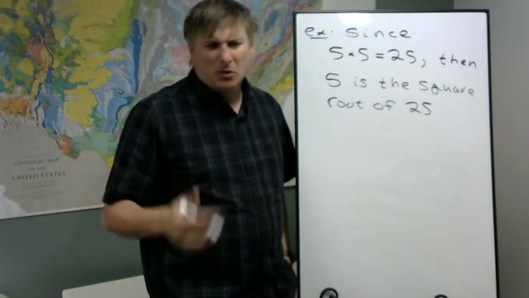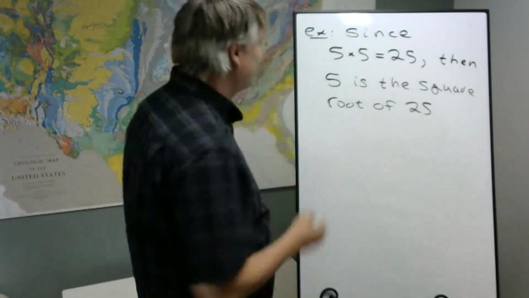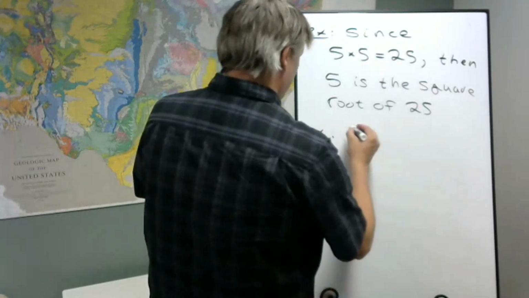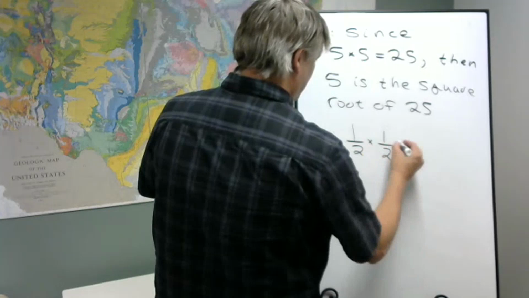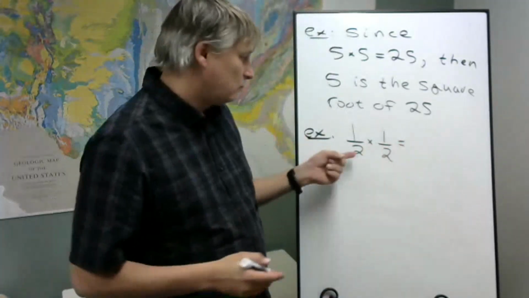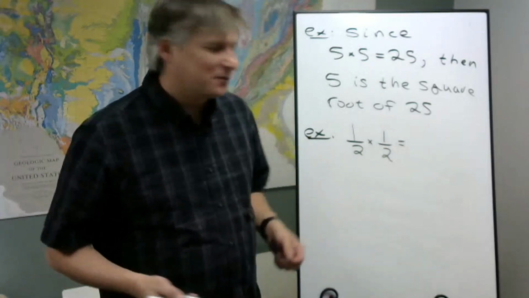So let's take another number and multiply it by itself. So let's say we take 1/2. Well, let's take 1/2 times 1/2. Whatever number is going to come out of this, we know that 1/2 will be its square root. So what number is this?